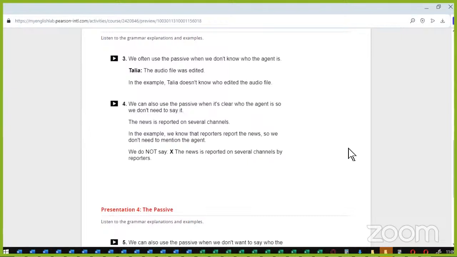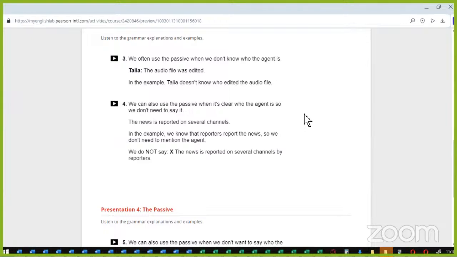We often use the passive when we don't know who the agent is. The audio file was edited. In the example, Talia doesn't know who edited the audio file. We can also use the passive when it's clear who the agent is, so we don't need to say it.